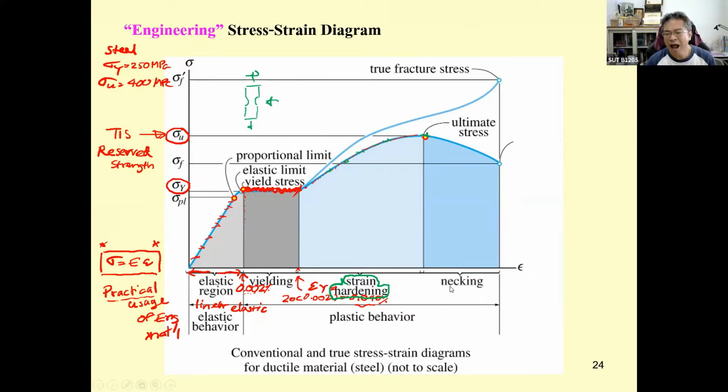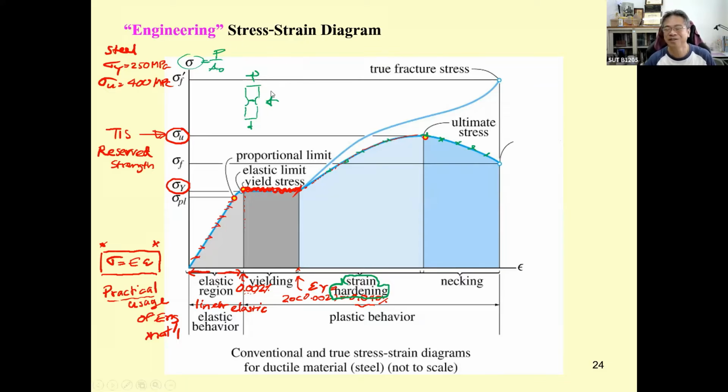So the last part of this behavior we call necking, because there is a change in the section of the structure. Then the curve just stops, because the area is going to get smaller and smaller, and you still divide the stress by its original area, because it's easy. It's very hard to measure the diameter during this kind of necking.